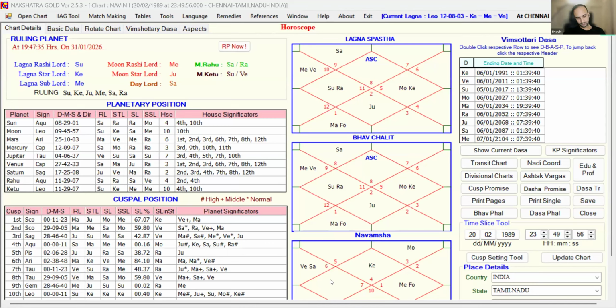Okay. So house number one. You guys are going to tell me now which is the D significator of my house number one. Look at the Bhav Chalit chart, not the Rasi chart. I think in this chart both are the same, but yeah.